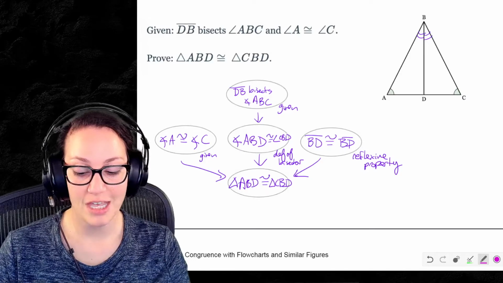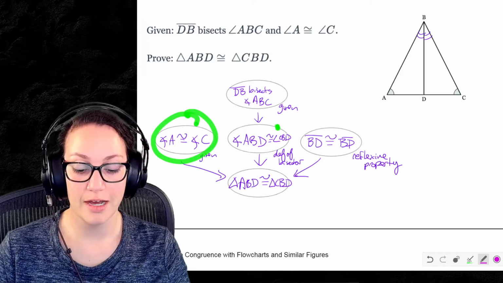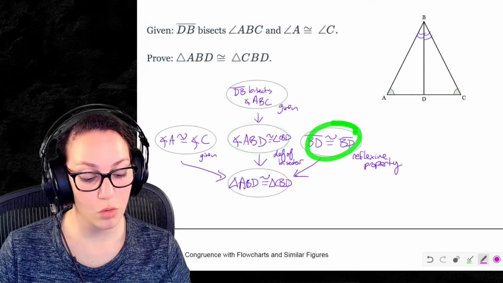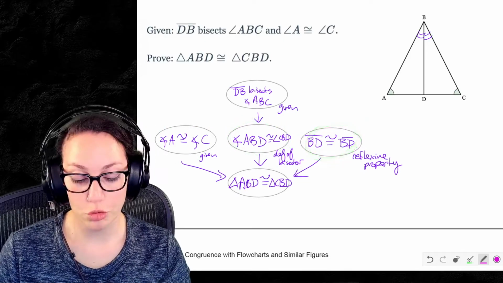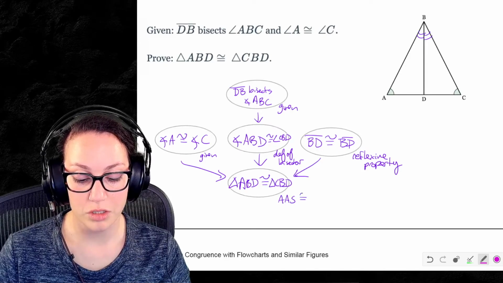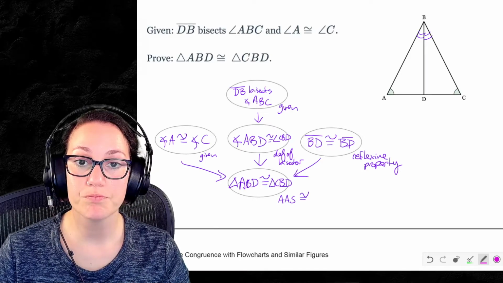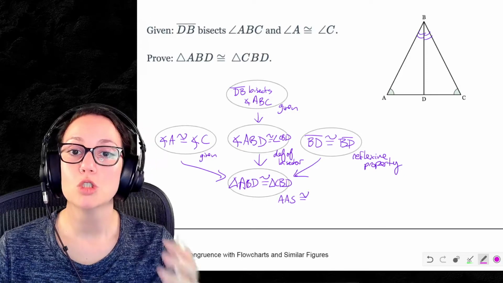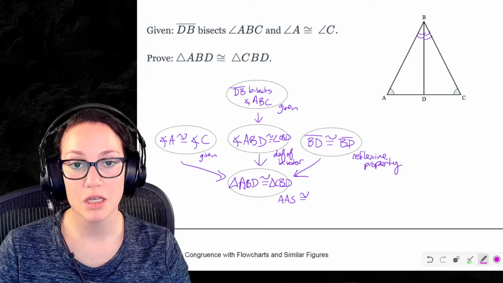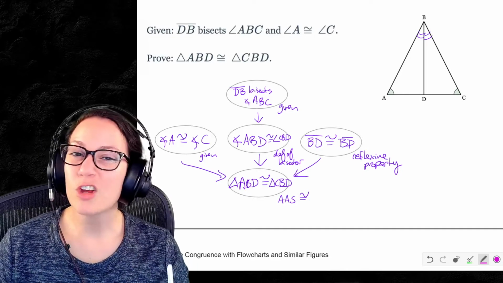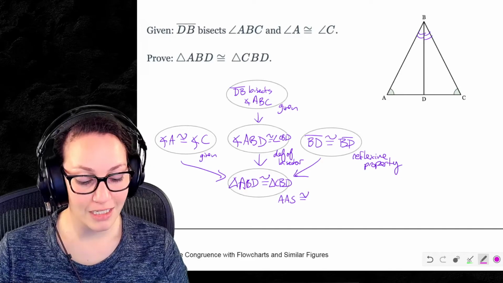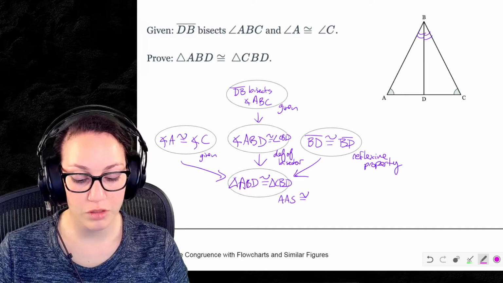You have an angle, an angle, and a side. So these triangles are congruent because of angle, angle, side congruence. So when you're doing these proofs, you want to start with what you're given, then label your diagram, see what else you can say, and finally bring them all together and say what you're trying to prove last.